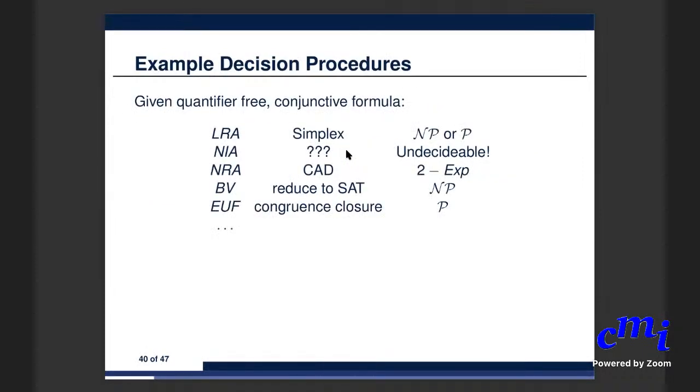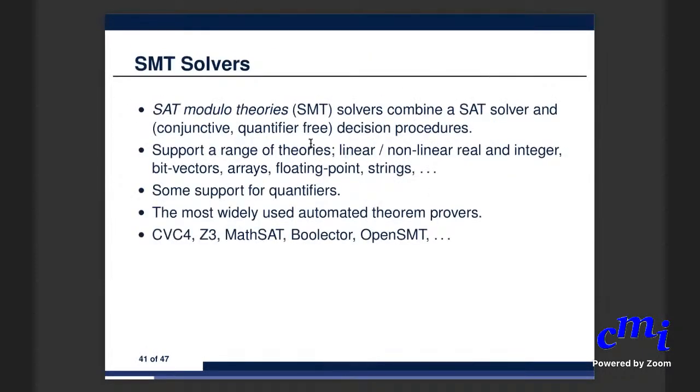What I'm saying is, like I said here, SMT solvers combine a SAT solver and decision procedures for the conjunctive quantifier-free fragment of specific theories like linear arithmetic, real arithmetic, linear integer arithmetic, arrays, pointers, etc. Usually they only solve quantifier-free formulas.